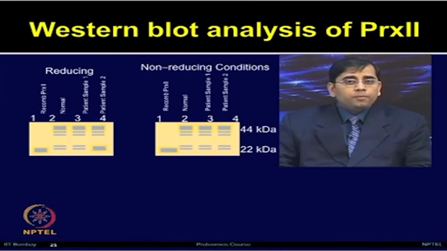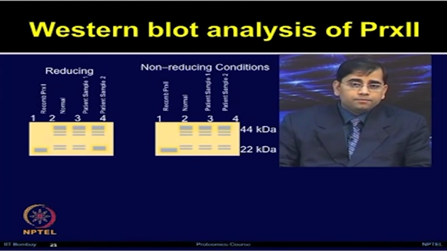So, they performed the Western blot in both reducing and non-reducing conditions, as you can see in the slide, and then they loaded different samples including recombinant peroxiredoxin, normal or healthy individual, patient sample 1 and patient sample 2.